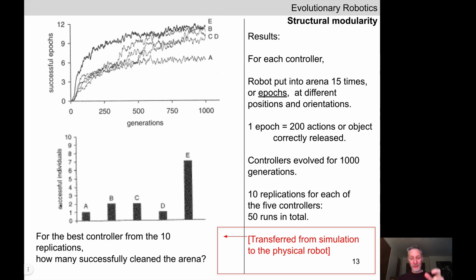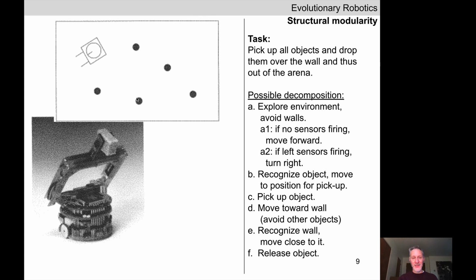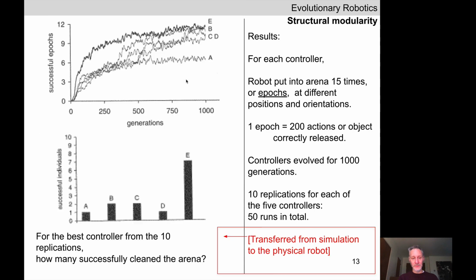So in this case, in the physical case, they put five wooden pegs, not sugar cubes, 5 little wooden pegs. And they counted how many times the robot was able to successfully get all 5 of the pegs out of the arena. They did a bunch of experiments. They didn't say how, for the best controller from the 10 replications, how many?